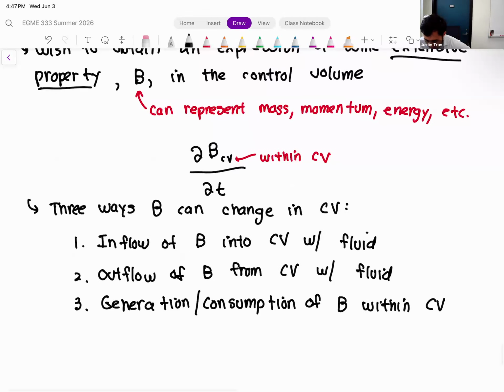Where, if we call this first term up here, this partial B CV partial T, accumulation, we could come up with a mathematical expression for the accumulation of B within a control volume.